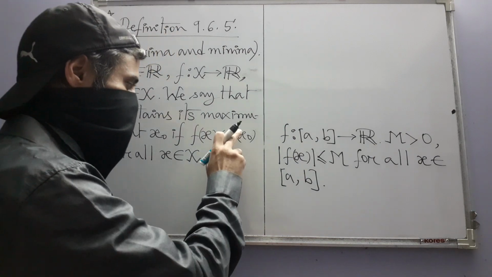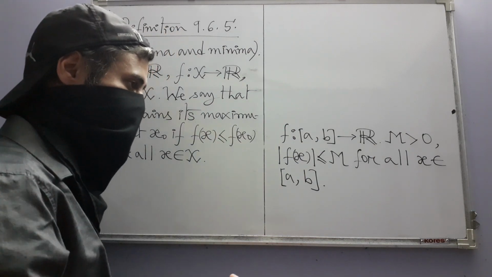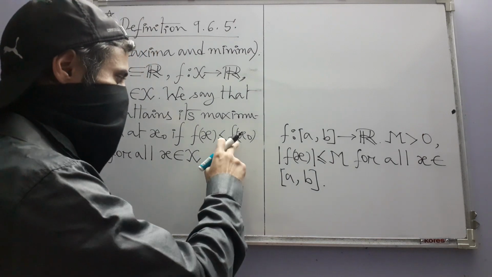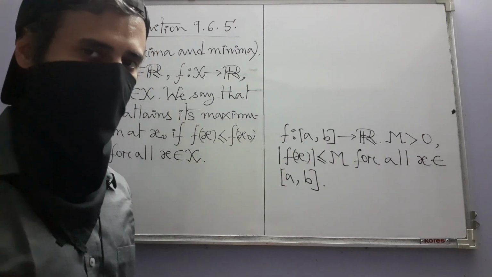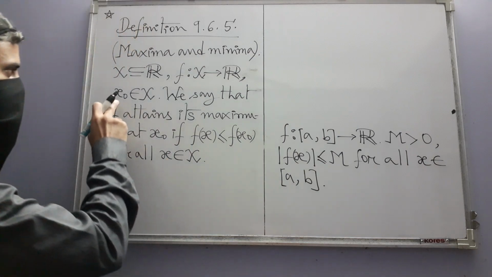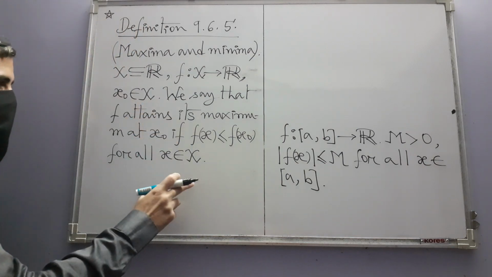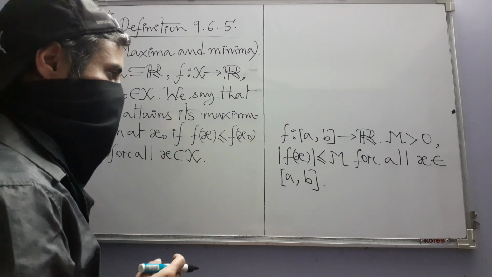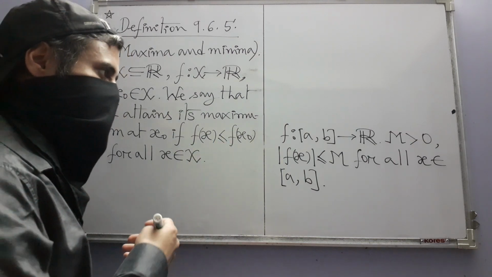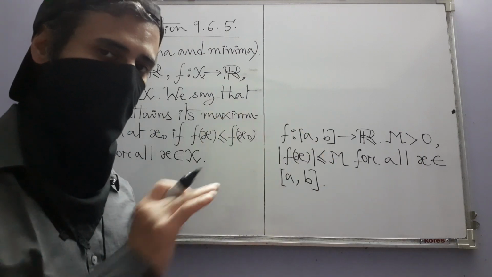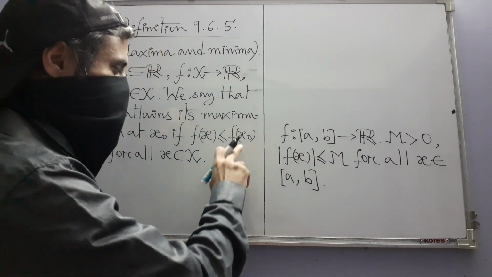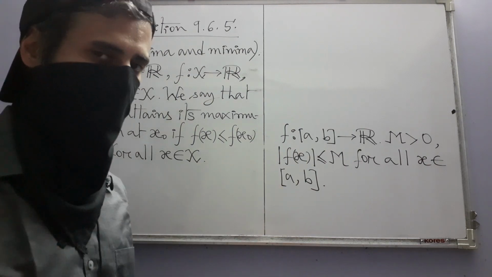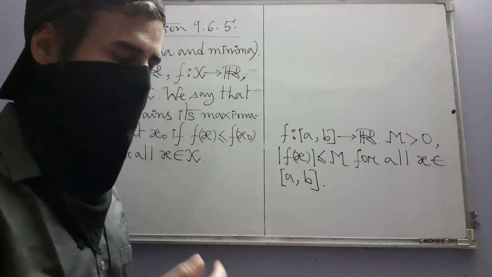Okay, x naught is the point where the maximum value is attained by f, and that may happen at multiple points. So if it happens at some point x naught, we say that f attains its maximum at x naught. But f actually may attain maximum at some other point also. The maximum value is the same, but the points where that value is attained may be more than one.